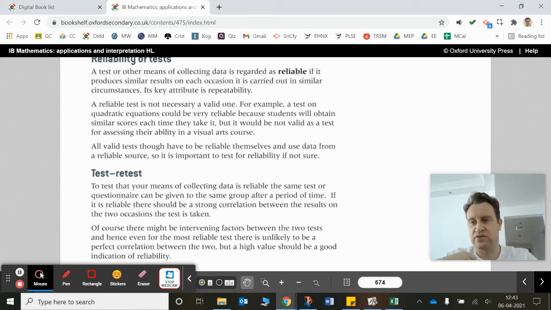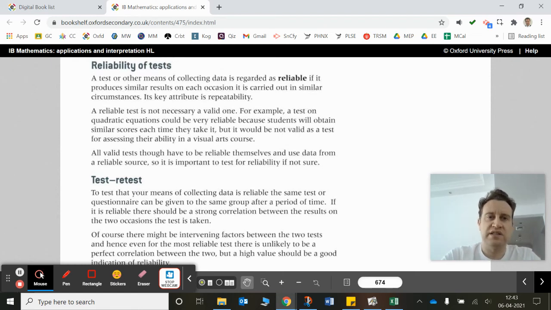That would be an indicator of a reliable test. Now, what does it say up here? It says, a test or other means of collecting data is regarded as reliable if it produces similar results on each occasion if it is carried out in similar circumstances. Okay, so there you go. If you can repeat it, it's reliable.